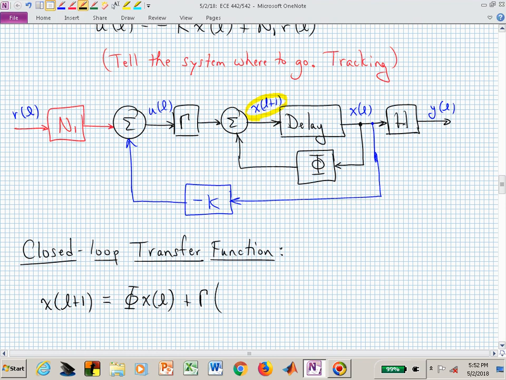We can say that u is actually minus k x of L plus n sub 1 r of L. Everyone sees where that comes from based on the block diagram, I hope.